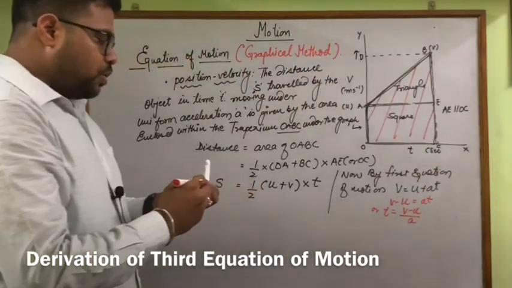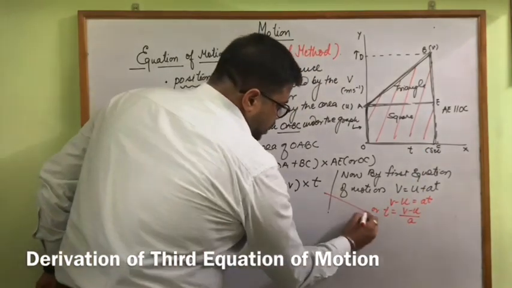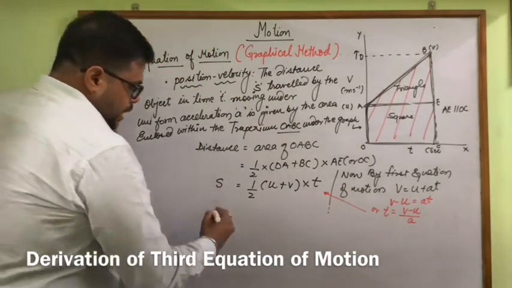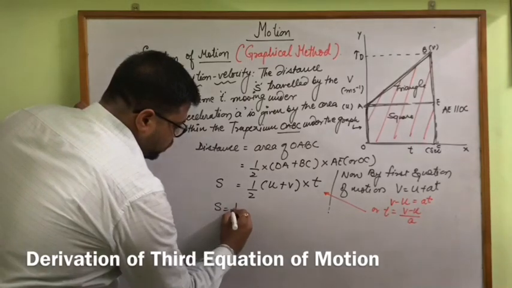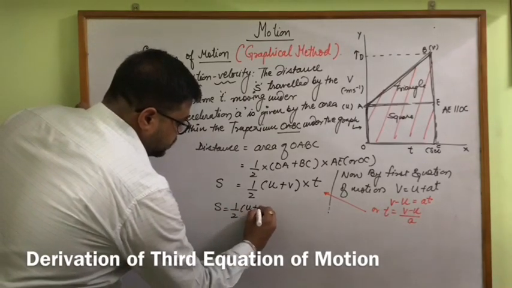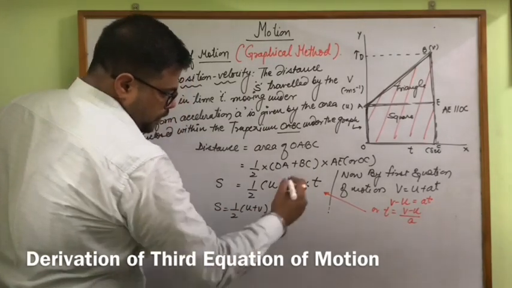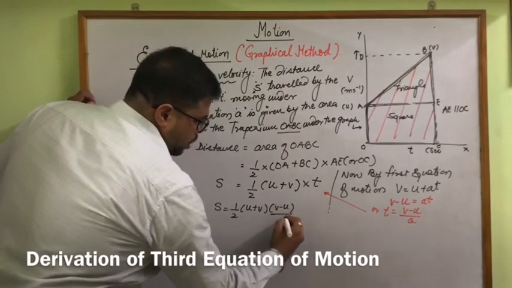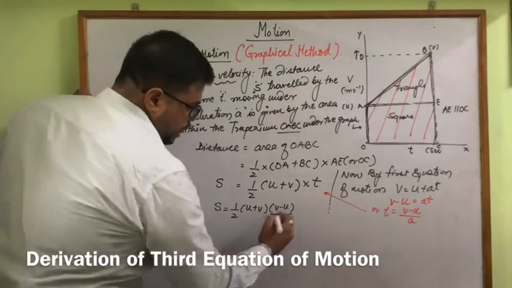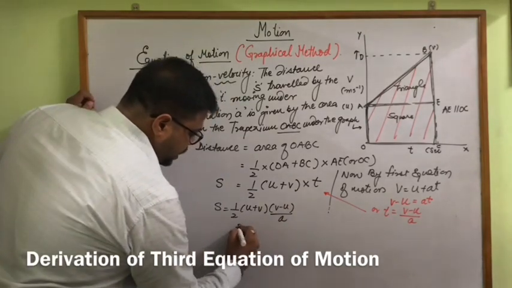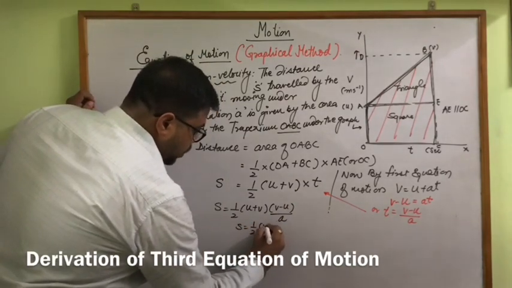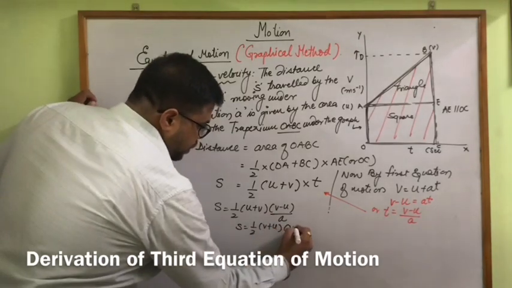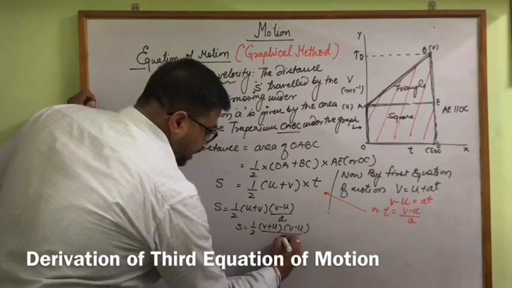Putting this relation for t, we get s equals half u plus v, and t we write as v minus u upon a. Then we can also write half v plus u, no problem, times v minus u upon a.